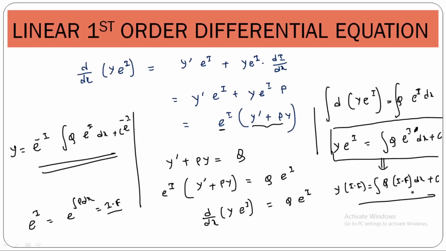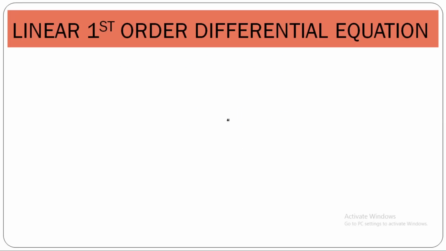Okay, so let me summarize. If you have this kind of differential equation, that is dy by dx plus p, which is a function of x, times y is equal to q, which is also a function of x, then the solution of this differential equation, if you have the integrating factor IF equal to e to the power integration p dx, that means you have to find the coefficient of y and integrate with respect to x.